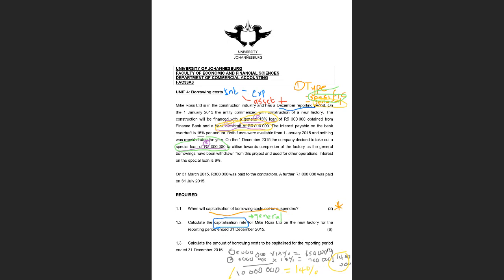Here, when we want to calculate how much of the borrowing costs will be capitalized, we're going to consider all of the loans, because all of the loans, the general as well as the specific loans, have been used for this project, and we're going to see how much should be capitalized for each one. Because we started off with general borrowings, we're going to start with the calculation of how much interest to capitalize for the general borrowings as well.